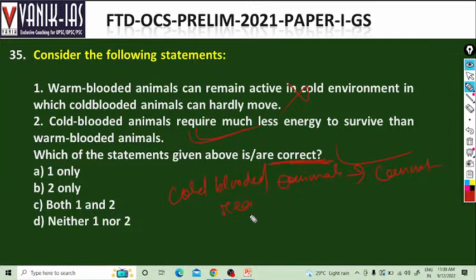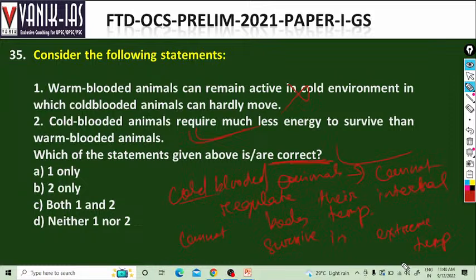Who are warm-blooded animals? Cold-blooded animals cannot regulate their internal body temperature, so they cannot survive in extreme temperature conditions. That is a cold-blooded animal.